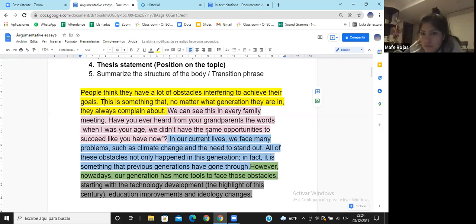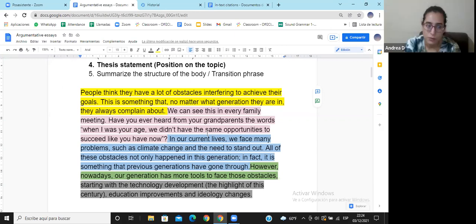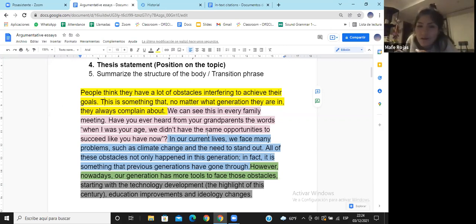Okay, the pink is the hook. And the gray is the So, summarize. Okay.